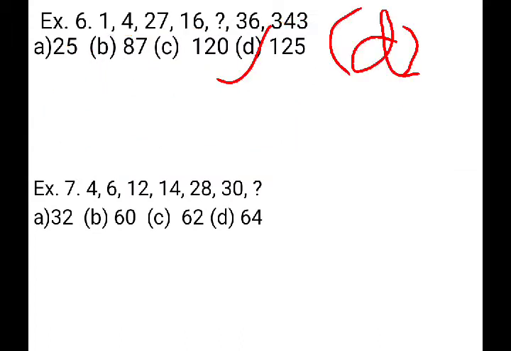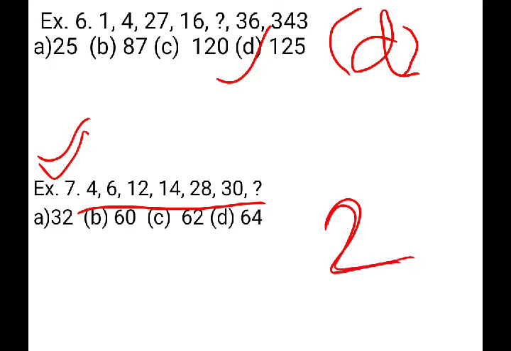Now next, this is of 2 series: 4, 6, 12, 14, 28, 30. Now we have 2 series. Two series can be alternating, or there may be 2 numbers, 3 numbers, or 4 numbers between them in each series. But sometimes 2 series will exist.